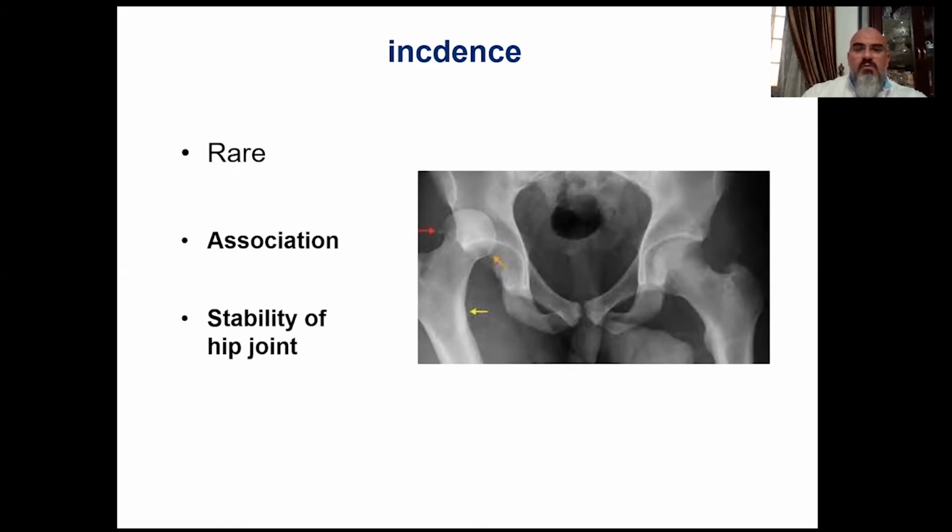That is, 67% of hip dislocations are associated with other non-orthopedic injuries. About 24% of them are associated with a closed head injury, 21% with a craniofacial injury, and 20% with thoracic injury.